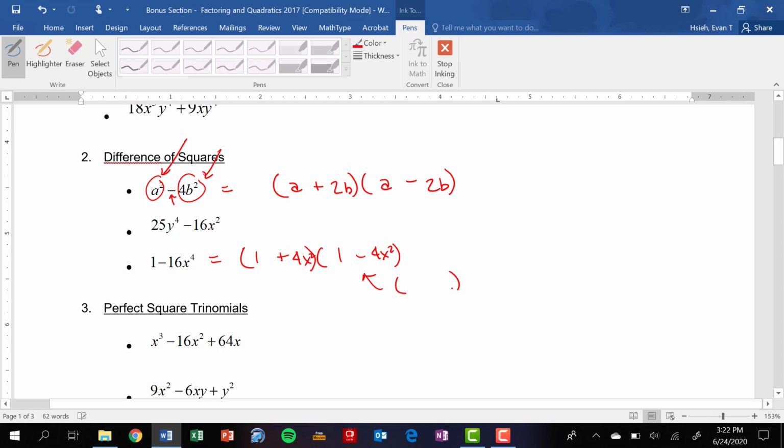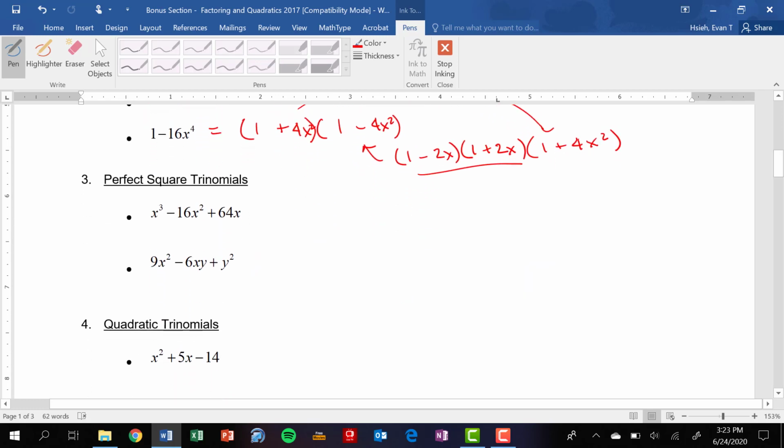It can be broken down into 1 minus 2x and 1 plus 2x. So the final answer is going to be this stuff times 1 plus 4x squared. And that would be factored completely.